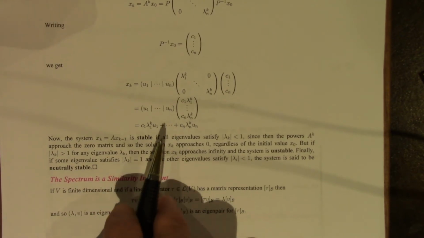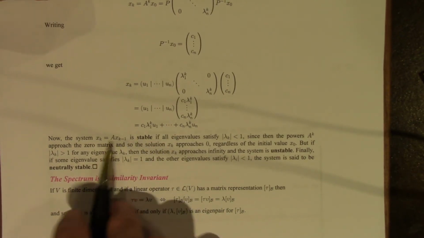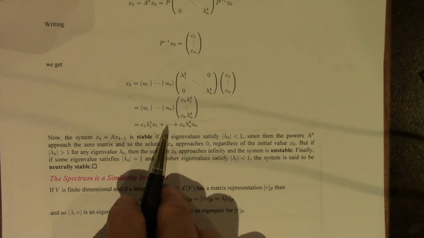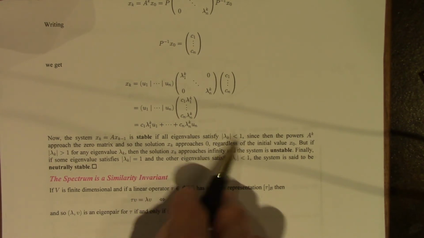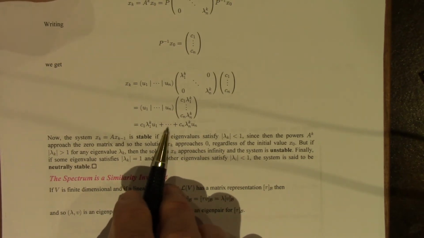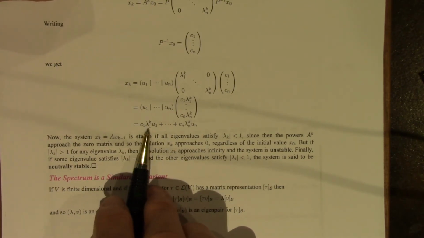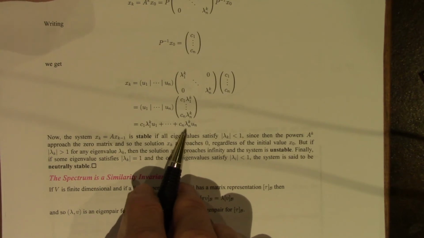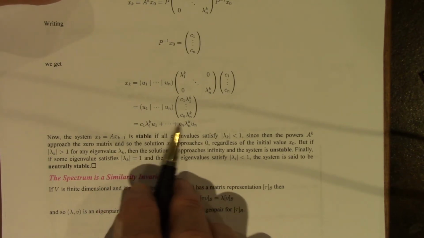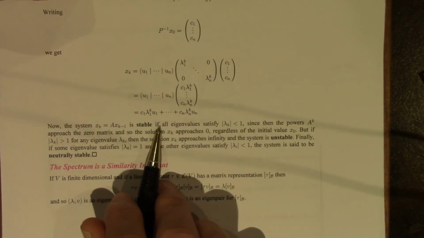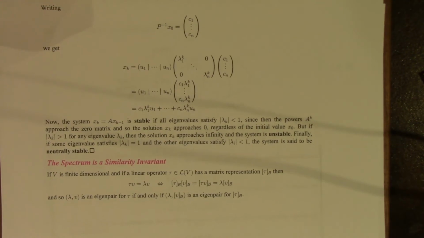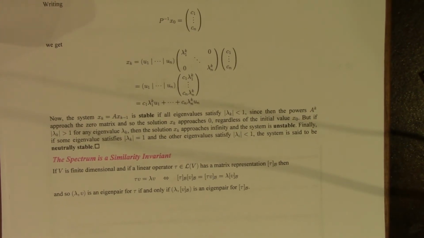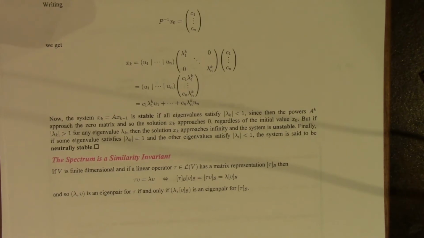Well, this system then is said to be stable when all the eigenvalues have norm less than 1, because then the powers of the eigenvalues go to 0 as k goes to infinity. So the state of the system tends to 0, regardless of the initial value. That's the stability of the system.